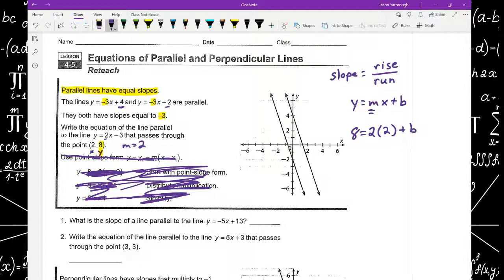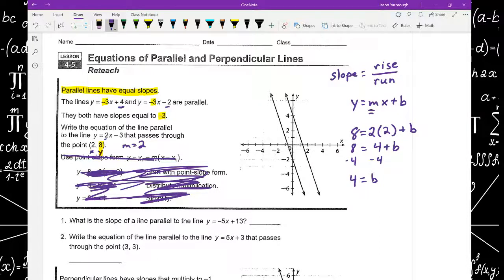So let's work with the numbers. 2 times 2 is 4 plus b, and that 8 just comes down because I haven't done anything with it. I want to get b by itself, so I'm going to subtract 4. Now 8 minus 4 gives us 4, and then we've got 4 equals b.